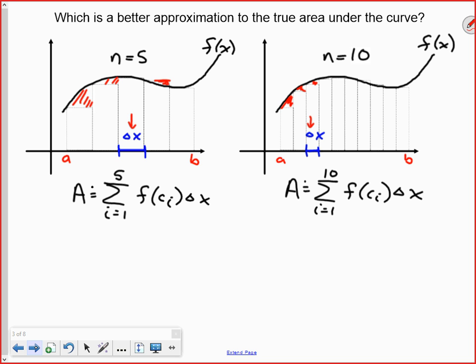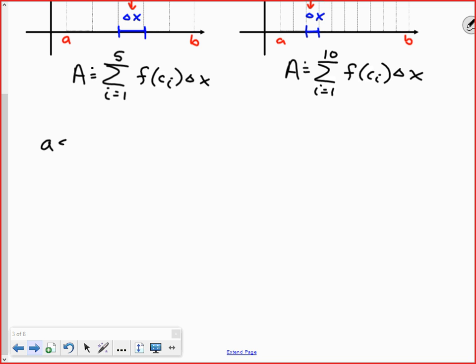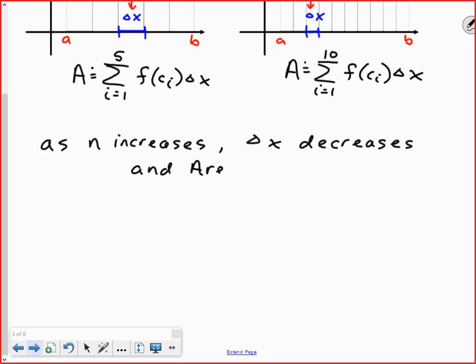So we can say that as n increases, delta x decreases, and the area approximation is better.